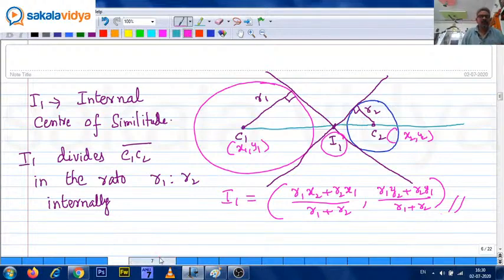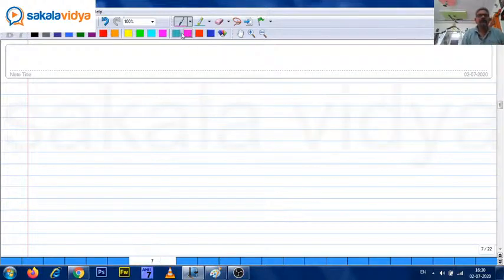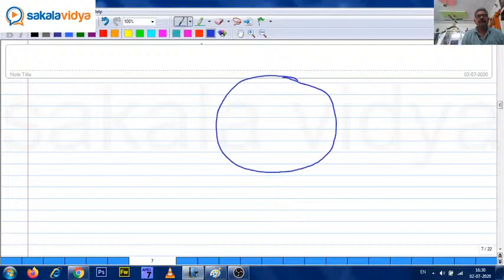And one more thing now. For example, this is the bigger circle, and this time take the smaller circle.